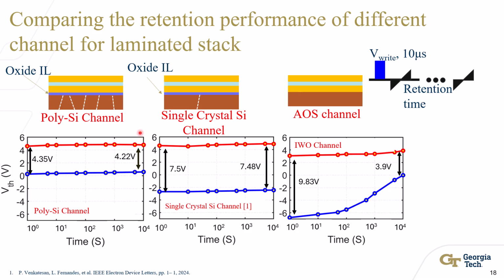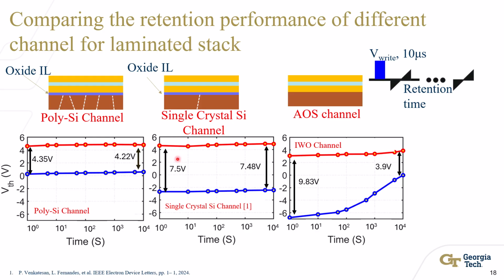channel materials. In the case of a polysilicon channel, we see that the memory window is lower as I showed before, but the device's programmed and erased VTH remain stable over time, and there is negligible memory window loss or VT shift. The same thing is observed in the single crystal silicon channel as well.